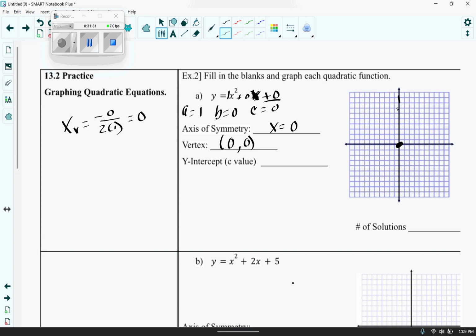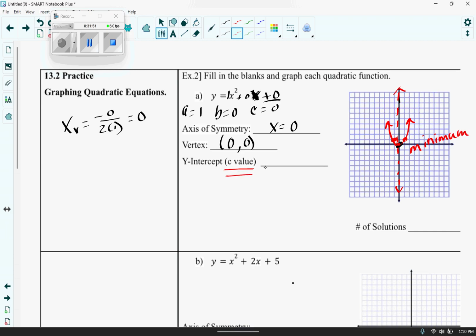That is, let's do it in different colors so we can see it. That is my axis of symmetry. My a value is 1, which means I'm going to go up 1 over 1, up 1, back 1. It's a minimum.